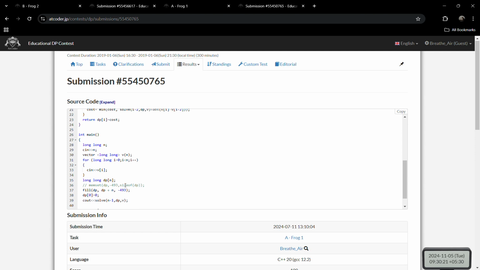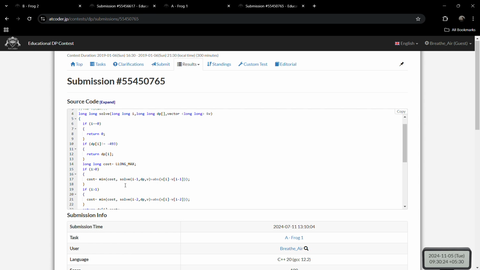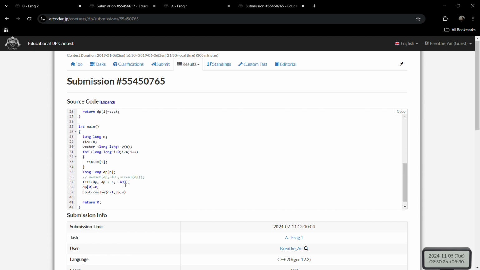So basically it is a question related to dynamic programming, where in Frog 1 we discussed that when k is equal to 2, to jump to the ith stone, the frog will jump from the i minus first stone or the i minus second stone.